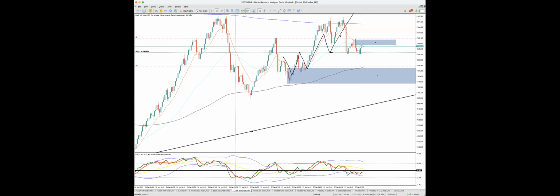Okay, let's see what happens in this zone I've just put. So you might want to move your stop loss to 7,300. Let's see what happens there.